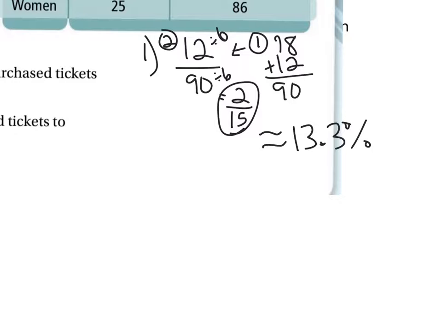If they wanted an exact answer, we could just put a bar above the 3 since that was repeating. Otherwise, we're just going to go to the nearest 1/10 of a percent here. We're going to act like that was part of their directions. So as you might expect, only a little over 13% of the men went to see Martial Arts Champ.